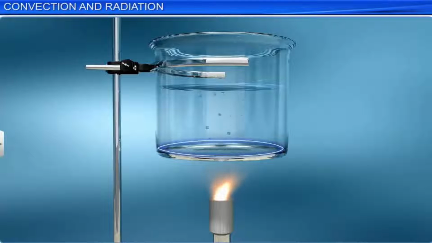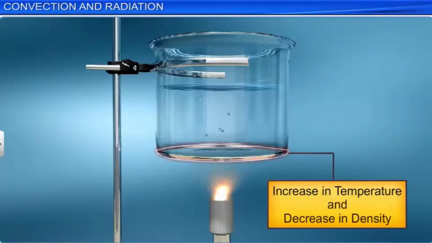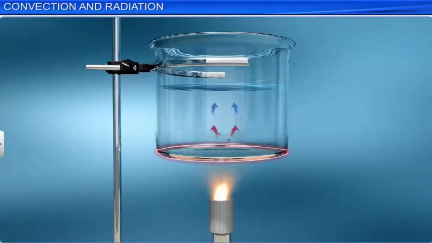The water that is in contact with the bottom of the container absorbs heat by conduction, and its temperature increases. Because of a rise in temperature, this part of water expands, and as a result, its density decreases. This low-density warm water is lifted up towards the surface due to buoyancy, and the denser cold water moves down and comes into direct contact with the hot base of the container.